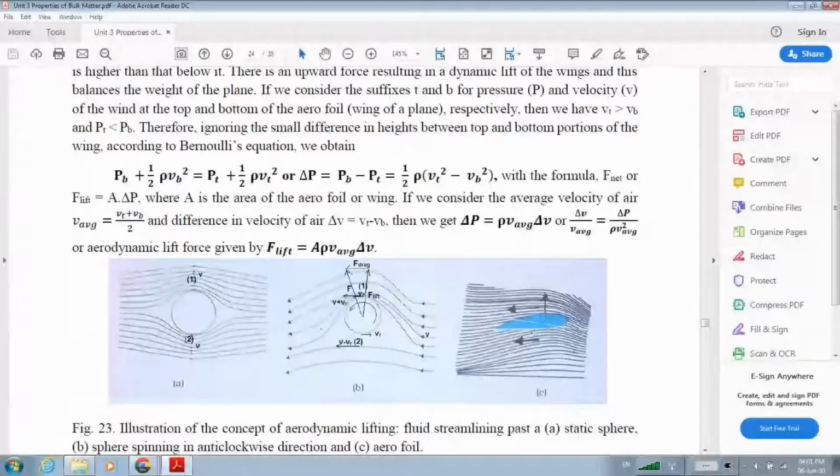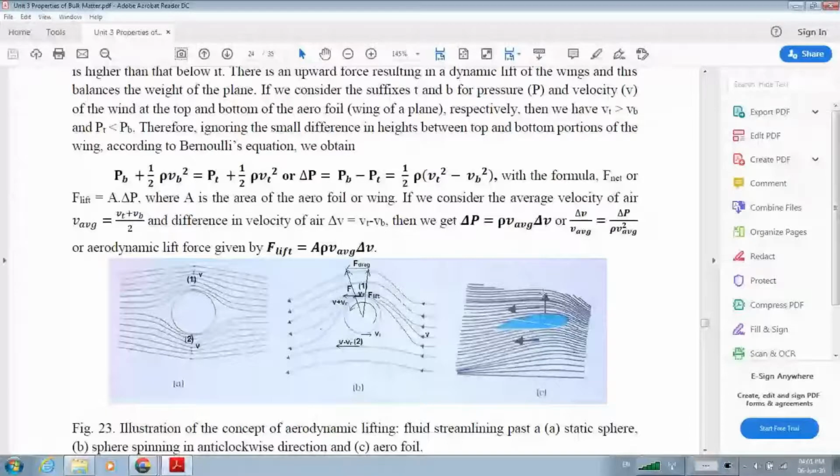So here we need to make uplift. For the aeroplane to take off, we have to apply some upward thrust, which means the pressure on the top side must be smaller when compared to the bottom side.